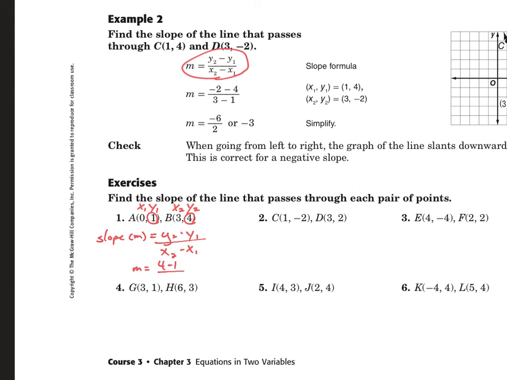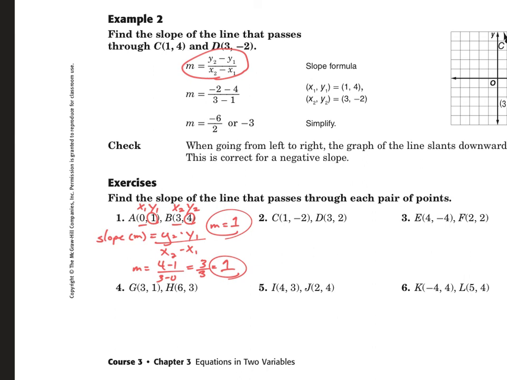And that is over x2 minus x1, so 3 minus 0. I simply subtract. 4 minus 1 is 3. 3 minus 0 is 3. When I divide 3 over 3, I get a value of 1. So my slope for number 1 is just simply 1.